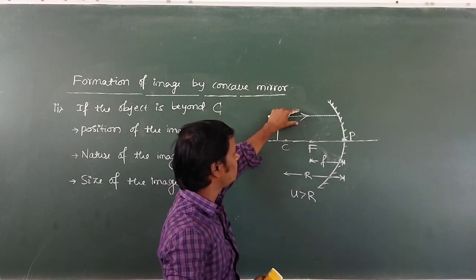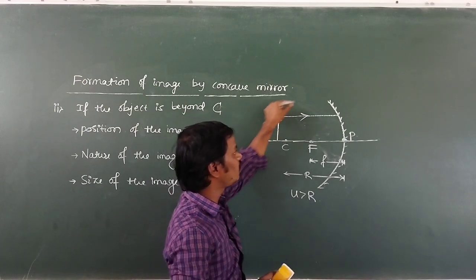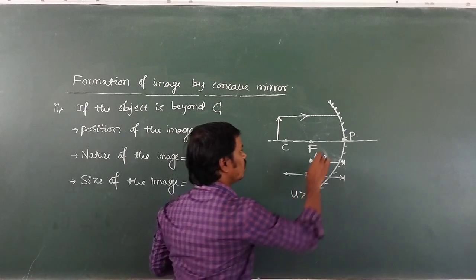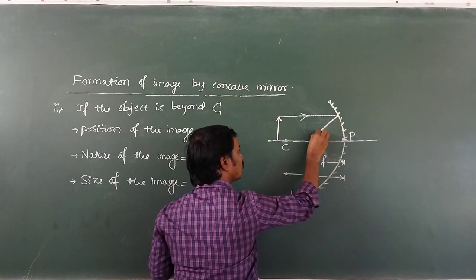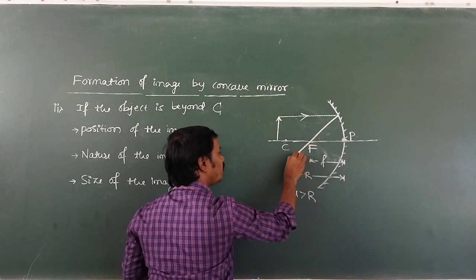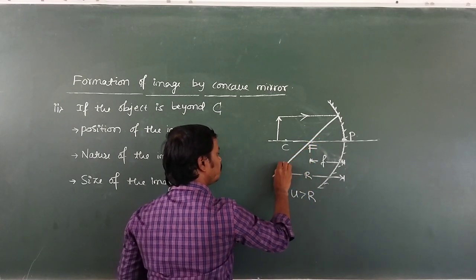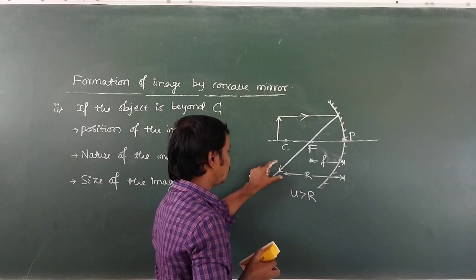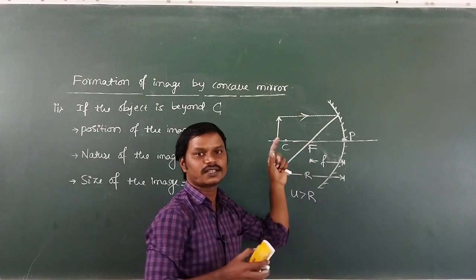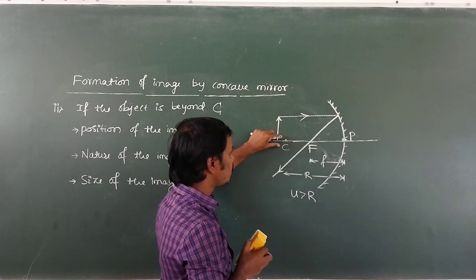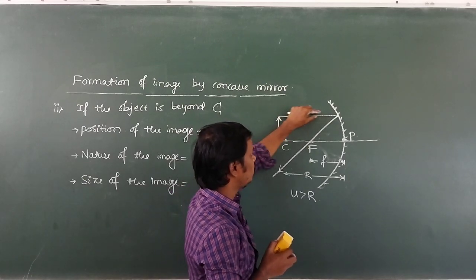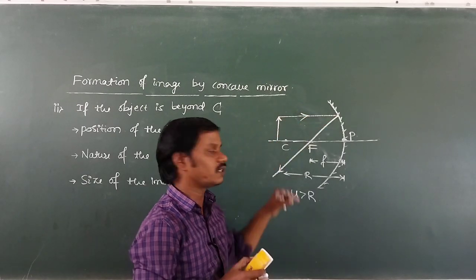So this arrow mark indicates that the light is incident on the mirror, and this light undergoes reflection when it falls on the mirror. After reflection, the reflected ray passes through the focus. Because the ray parallel to the principal axis, after reflection, passes through the principal focus.